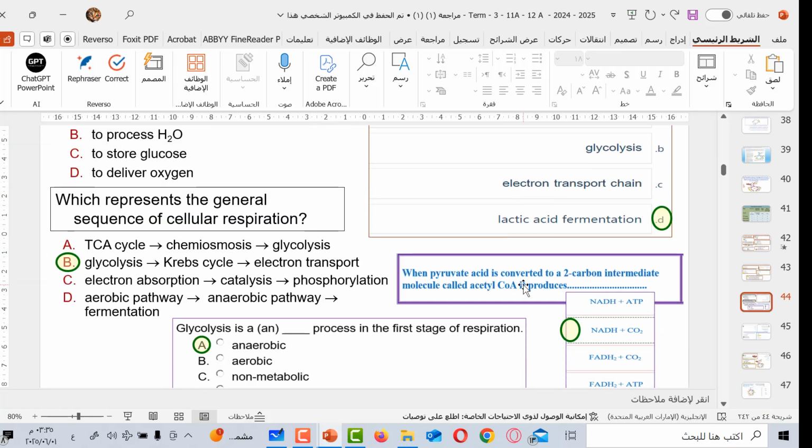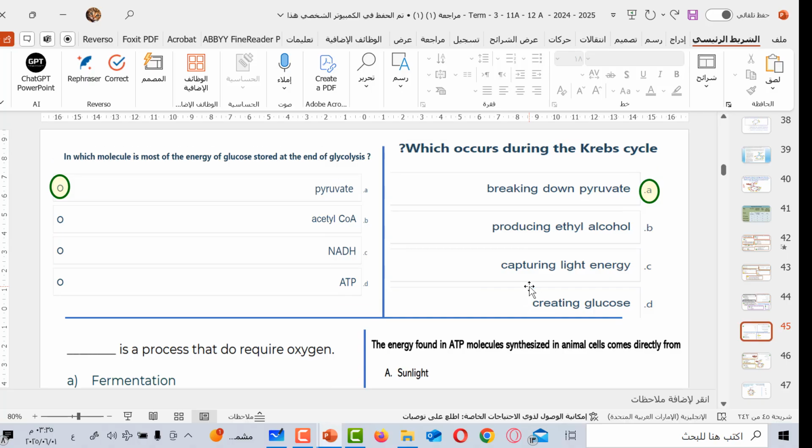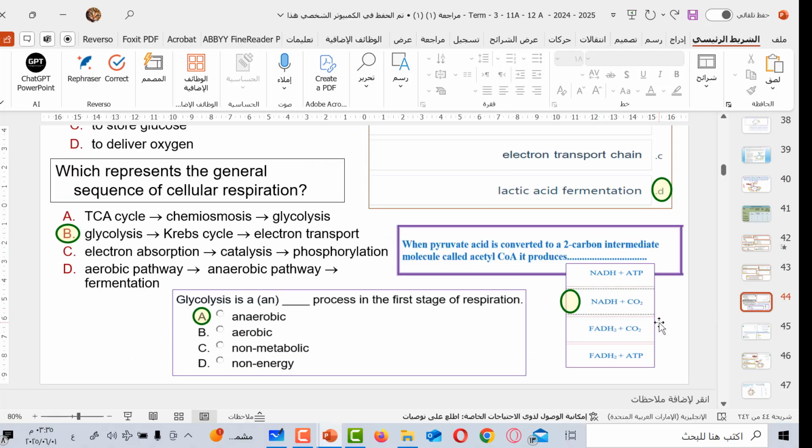This one. When pyruvic acid is converted to the two-carbon intermediate molecule acetyl-CoA, the cell produces what? NADH plus ATP, or NADH plus CO2, or FADH plus, or FADH plus ATP.